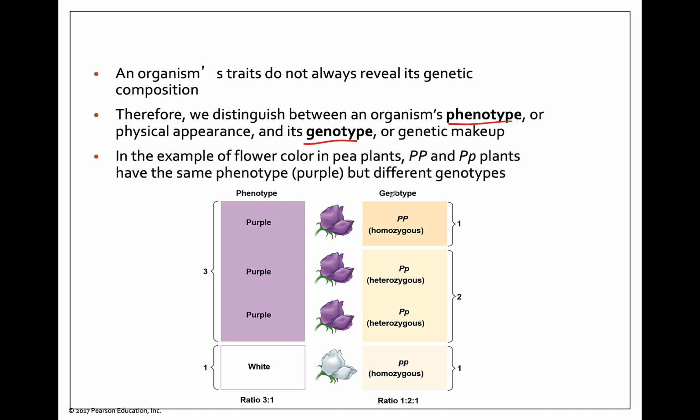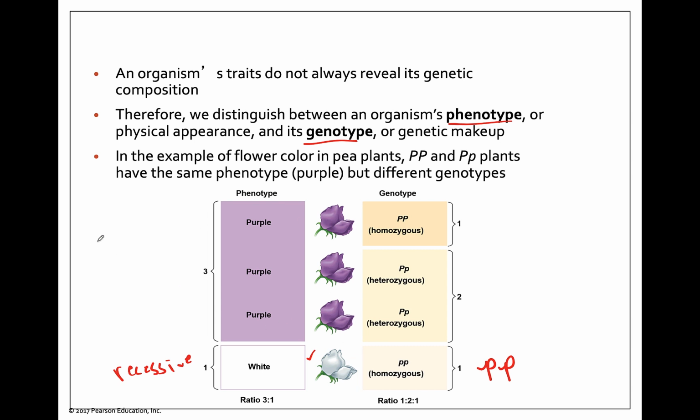It's hard to distinguish the genotype of a plant from just the phenotype. If the phenotype in this example is white, we can figure out the genotype. When we're looking at the recessive trait, you know that it has to be little p, little p. That's the only way to get white flowers.